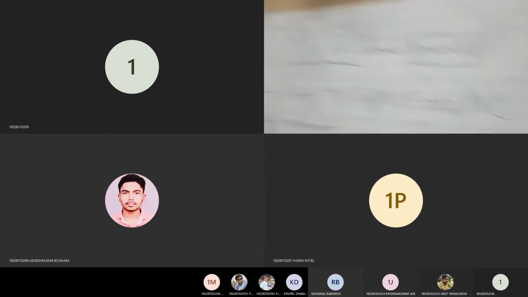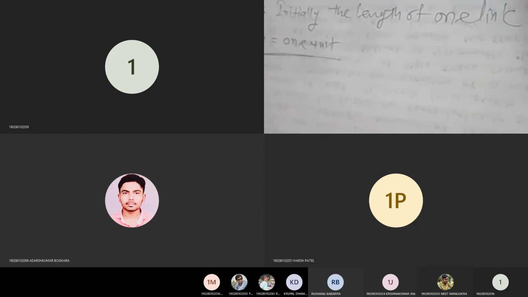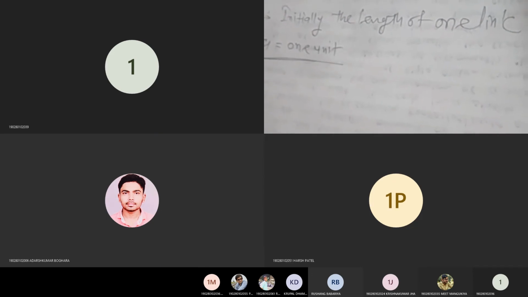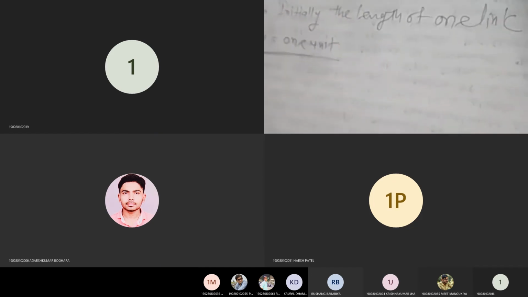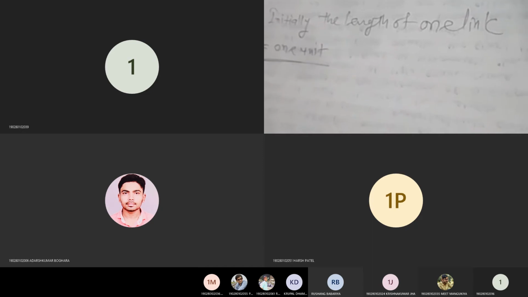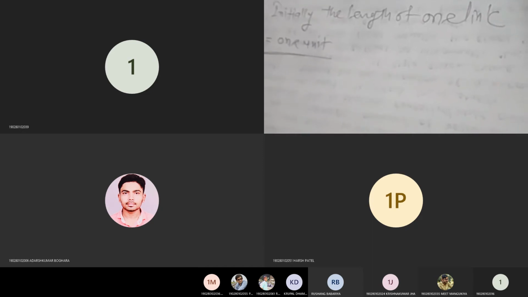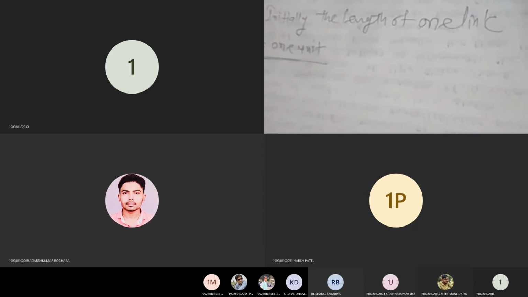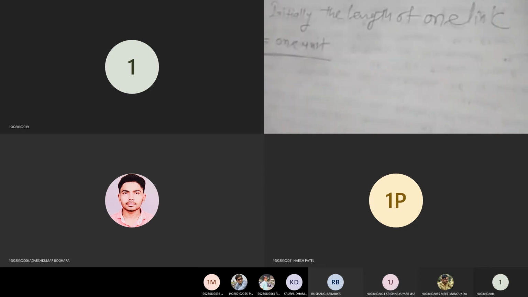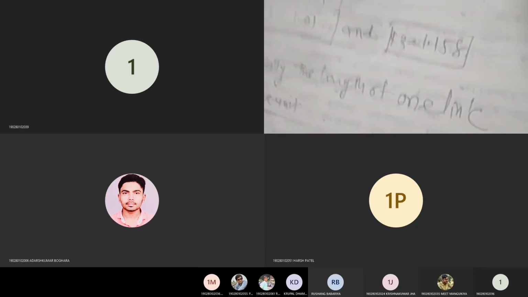Okay, we assume the link length of any one unit here. Initially, start with the SOA. You are free to take any link, say ABCD, but here the first point is A, so we consider that A is equal to 1 unit.